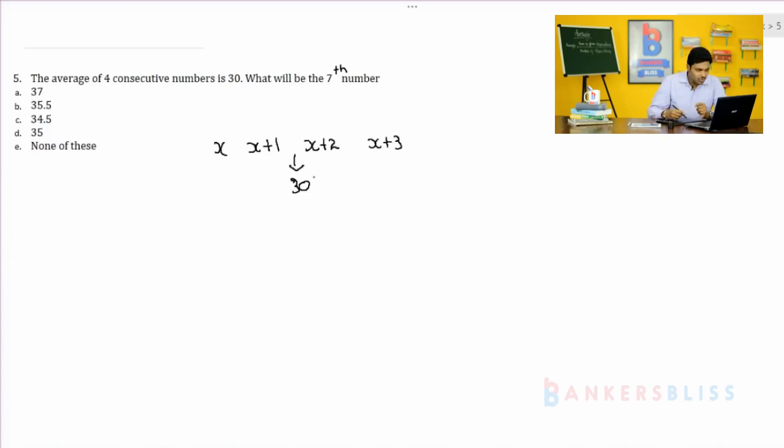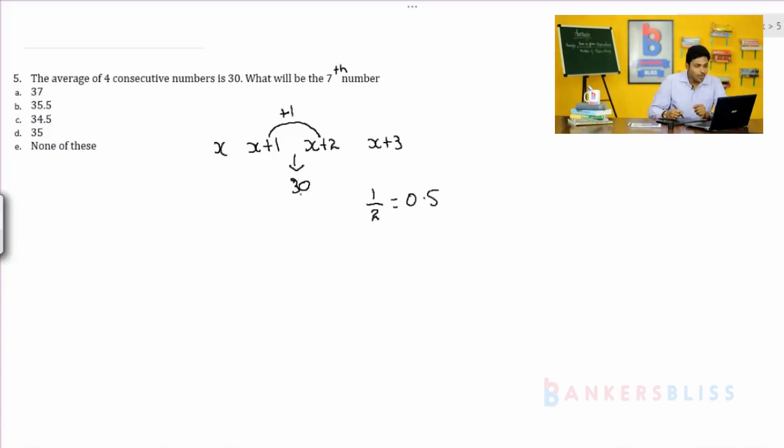What is the difference between x plus 1 and x plus 2? The difference is 1. I have to calculate the average between these two numbers, so I have to divide it by 2. So 1 divided by 2 means 0.5. If you subtract 0.5 from 30, you will get the value of x plus 1.